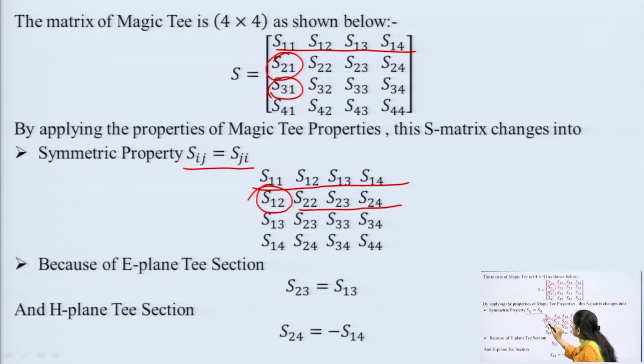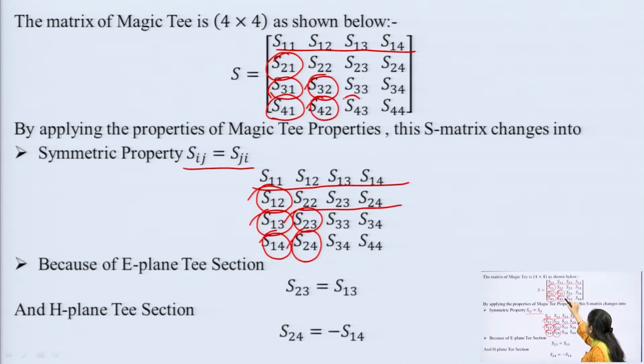S31 changes into S13, S32 changes into S23 and the others remain the same. Now, in the fourth row, S41 changes into S14, S42 changes into S24, S43 changes into S34.